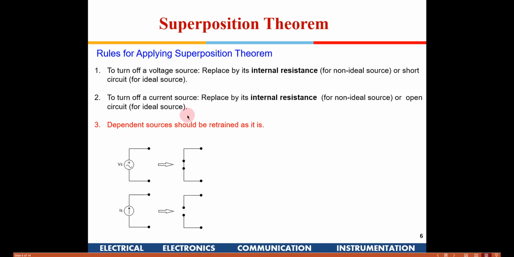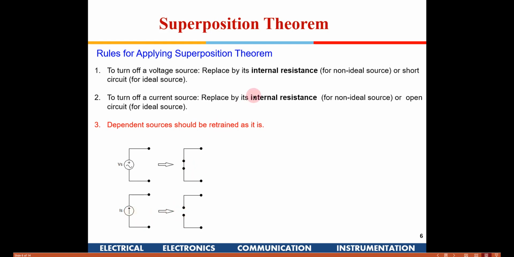Now, this we have done in our previous theorems also. When I have to remove a voltage source to see the effect of other sources, then that voltage source is shorted. Similarly, if there is a current source and I need to remove it, then I will replace it by an open circuit.